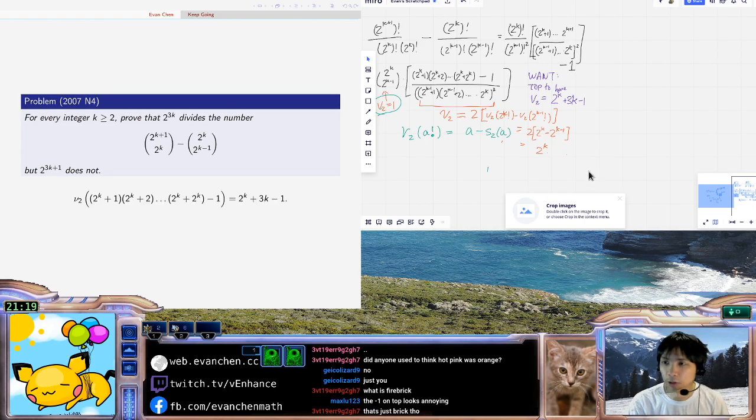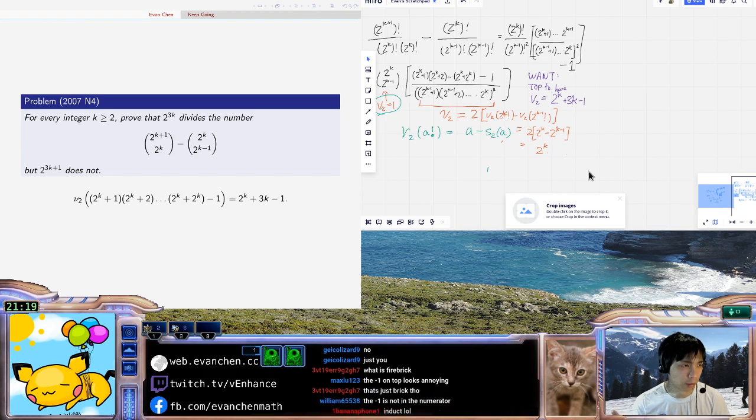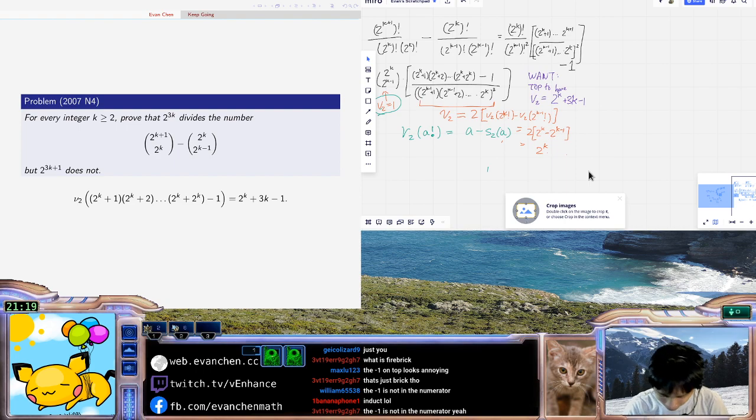The minus 1 on the top looks annoying. I agree it's annoying, but I think it's the point of the problem. Like, if there wasn't a minus 1 there, everything would be computable easily. So the minus 1 is there because the minus 1 is not in the numerator. Wait, what? Oh! Sorry, okay. Ah, man. Oh, shoot. Okay, sorry.